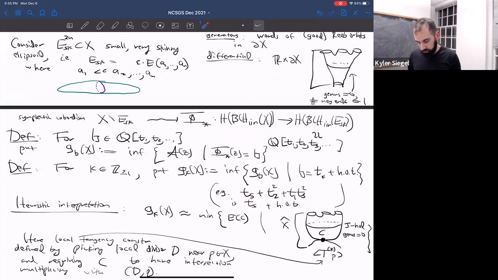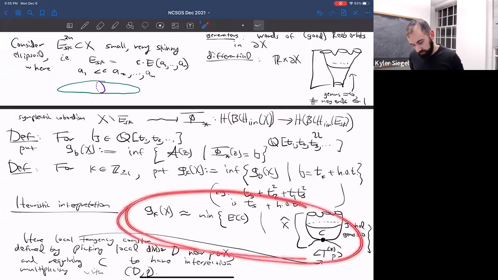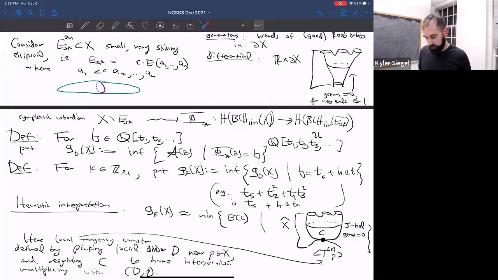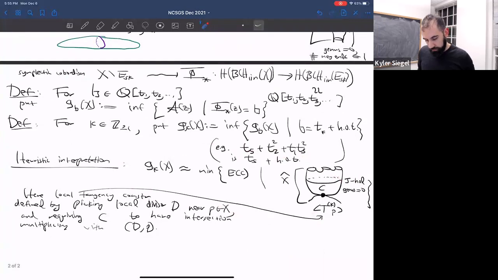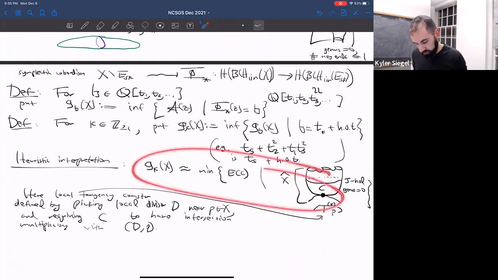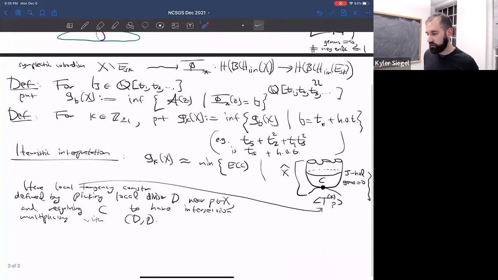More precisely, we should really be looking at linear combinations of words of Reeb orbits. And of course, the differential on this thing is defined using SFT. So in general, it's going to be defined using abstract perturbations. And so in some ways, there's a lot to unpack in this definition. The differential might be counting pseudo-holomorphic buildings. So this is really just a heuristic interpretation of this invariant.